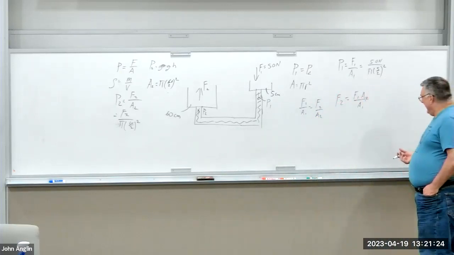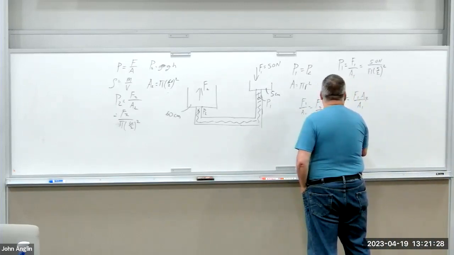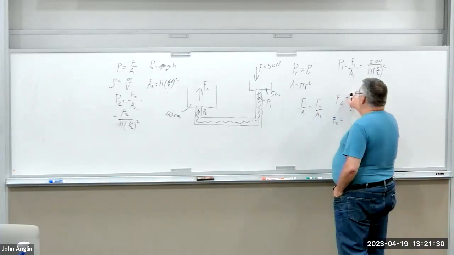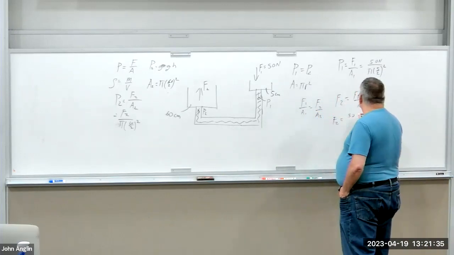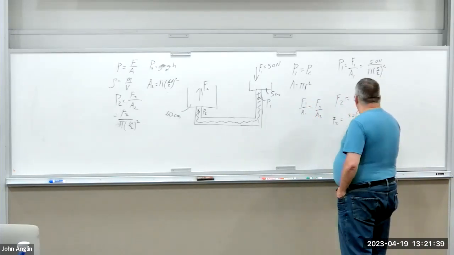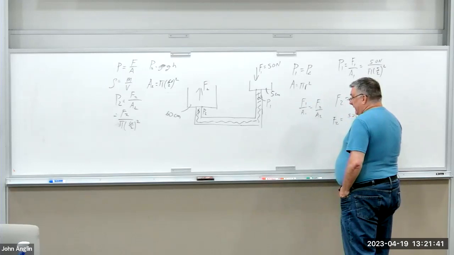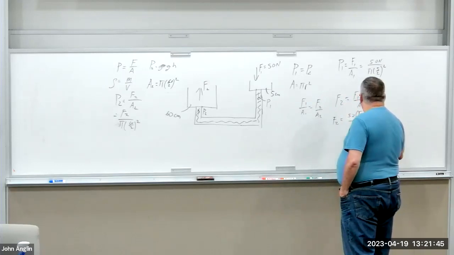Now it's simple, right? So F2 is whatever F1 is, that's 50 newtons. A2 we know is pi times 60/2 quantity squared.